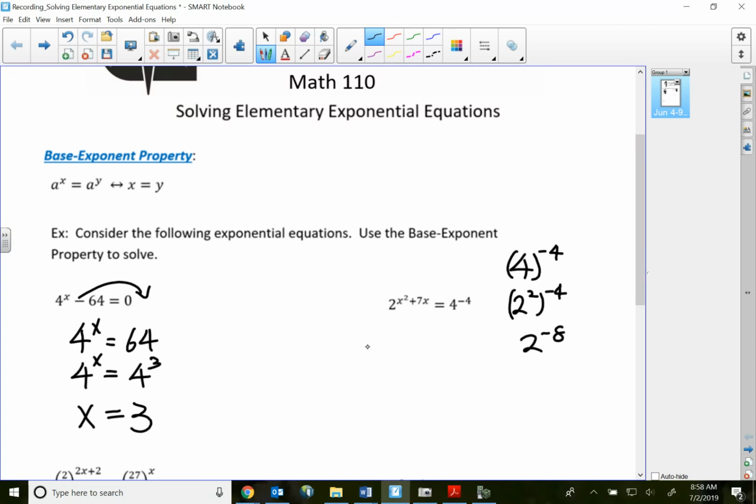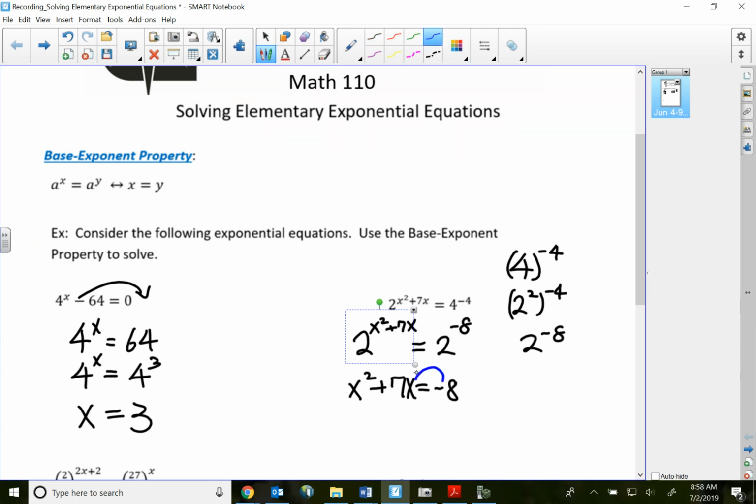So this is now 2 to the x squared plus 7x equal to 2 to the negative 8 power. When the bases are the same and equal, we can set the exponents equal to each other. Now what I'm solving is a quadratic equation.